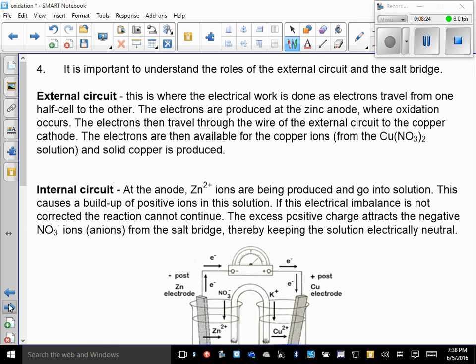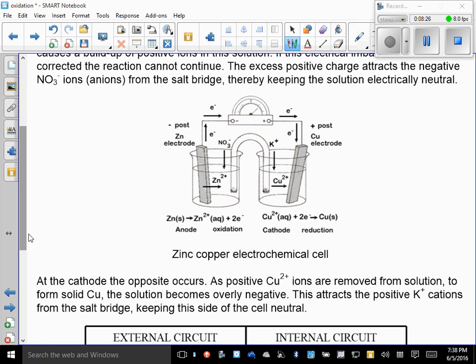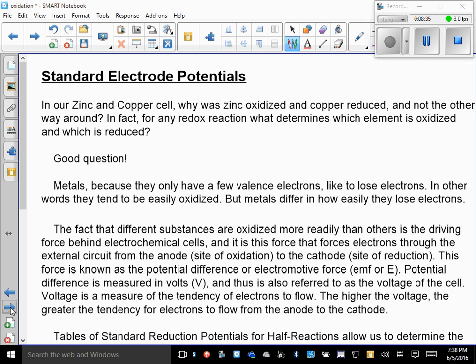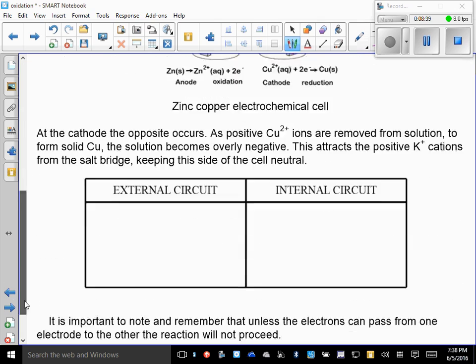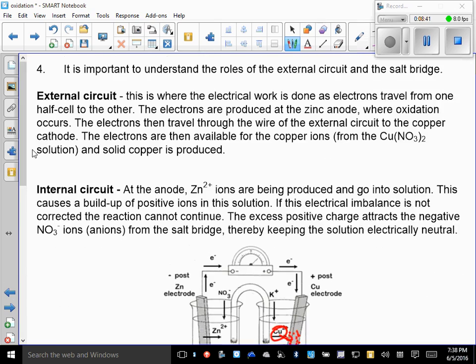So now we have copper. We have a whole bunch coming out of solution, and it's forming copper on here. Okay, it's forming solid copper. It is important to understand the roles of both the external circuit and the salt bridge.